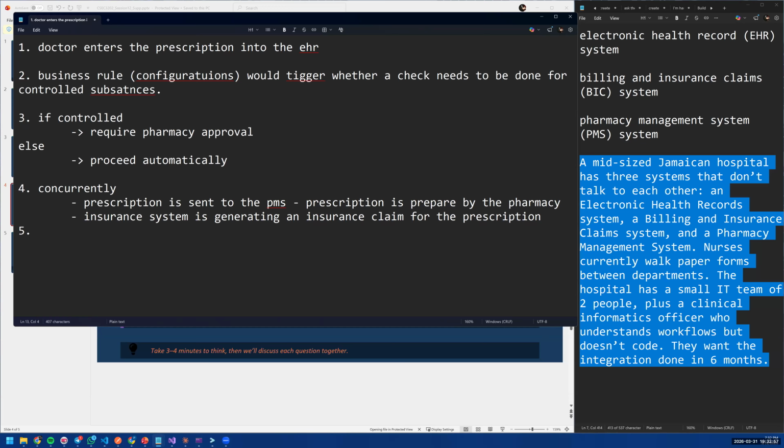So we do a check, to say if the insurance is invalid, then we need to trigger manual review.